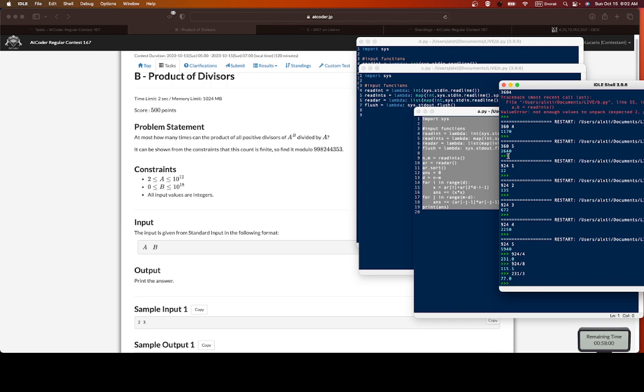Okay, now that we've shortened the break period, now we just figure out what is going on with this problem. So, positive divisors a to the b.